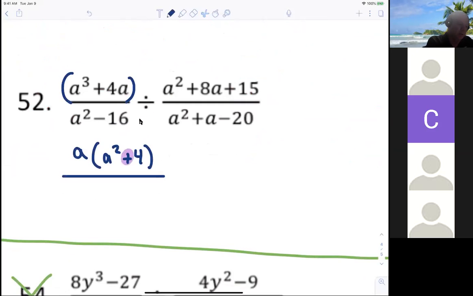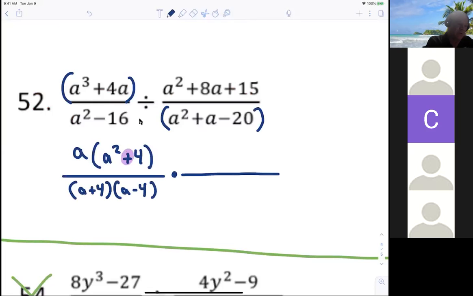All right, a squared minus 16, that would factor into a plus 4 and a minus 4 times, now you're factoring the denominator, move it to the numerator, a, factors of 20 that make 1, 5 and 4.